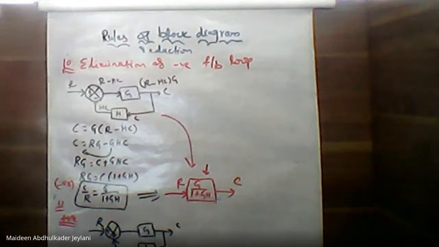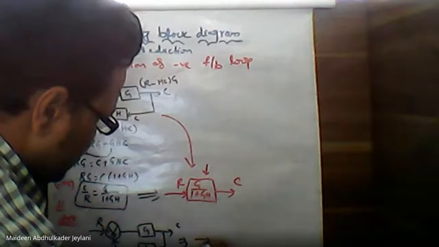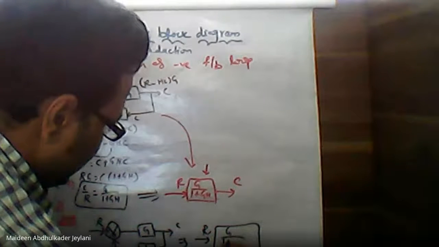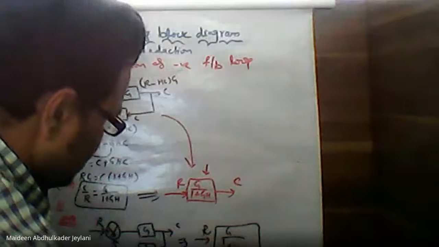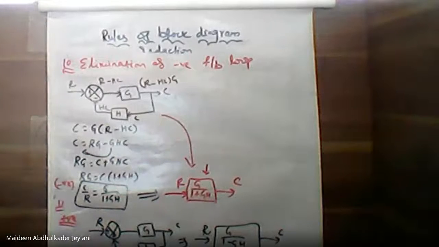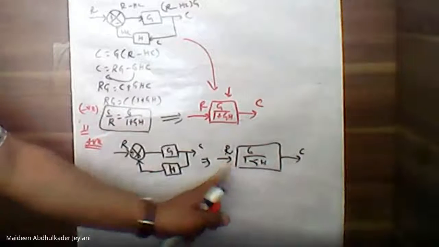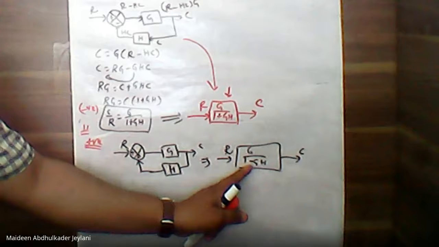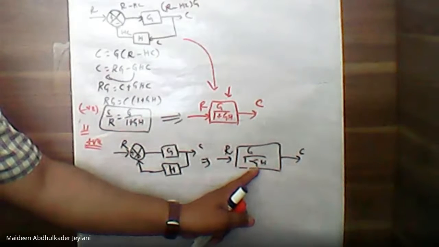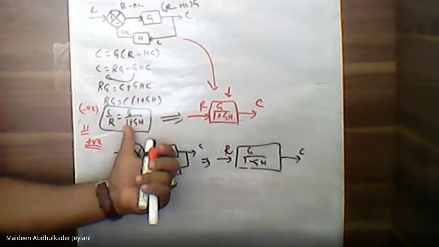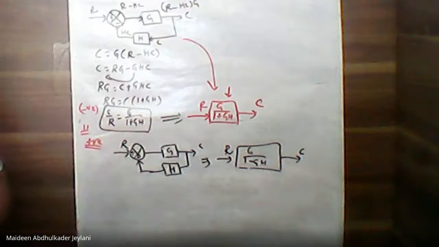For a positive feedback system, you will get R, G divided by 1 minus GH into C. So this is what the elimination of positive feedback system is. In the denominator you will have 1 minus G into H, so for a positive feedback system the sign is negative. Here for a negative feedback system, the sign is positive, G by 1 plus G into H.